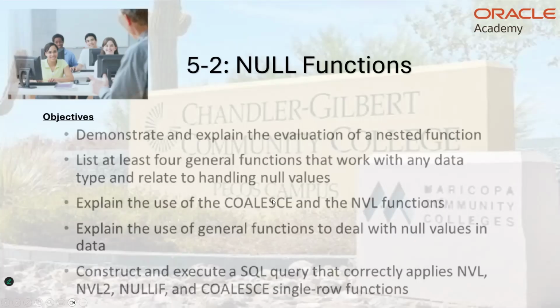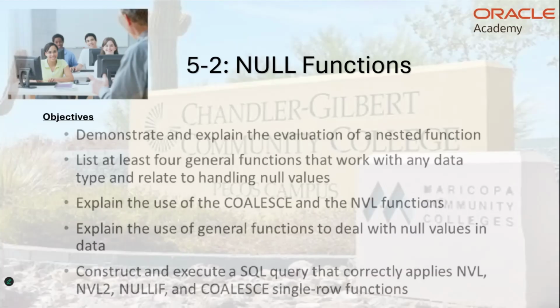On to null functions. I know you're really excited about that. Basically, our objectives: demonstrate and explain the evaluation of a nested function. List at least 4 general functions that work with any data type and are related to handling null values, which is so important. Explain the use of coalesce and NVL function, and other functions to handle null.